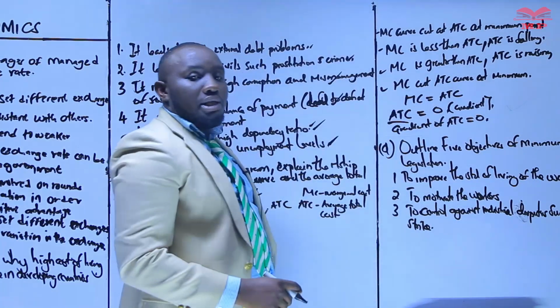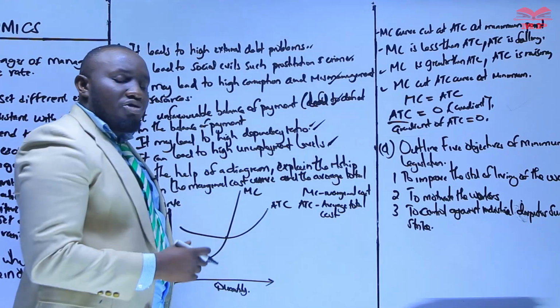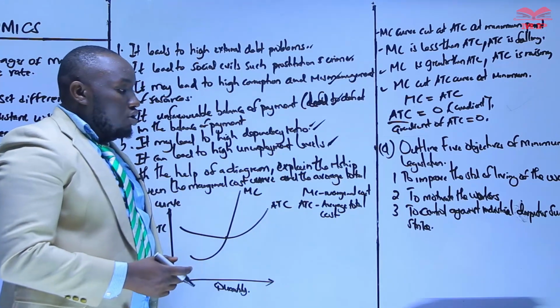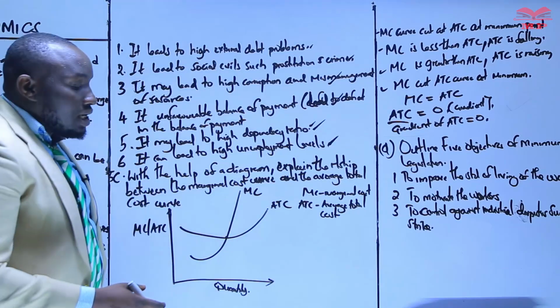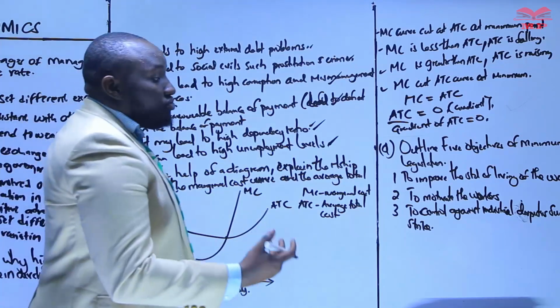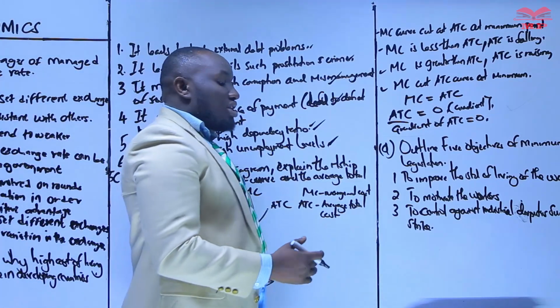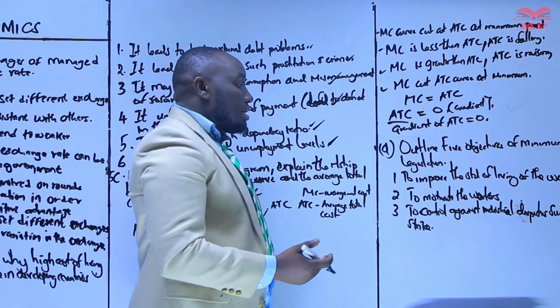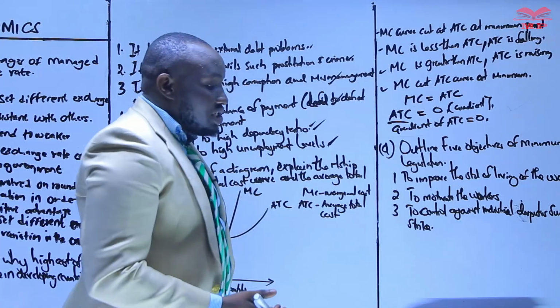One of the reasons why, over many years, there's constant conflict between employers and employees is the wages that are offered. So the government comes up with a minimum wage to control such disputes as strikes.